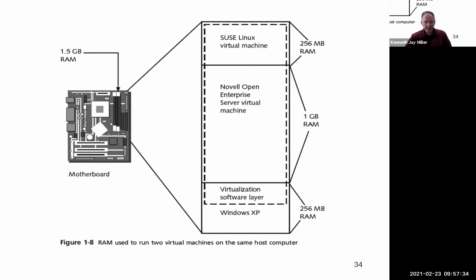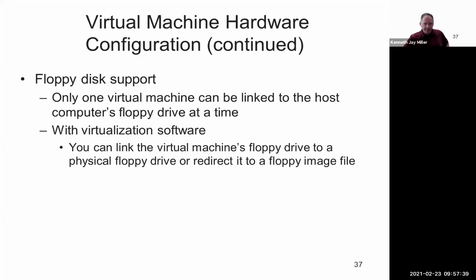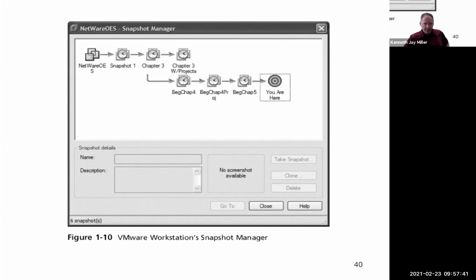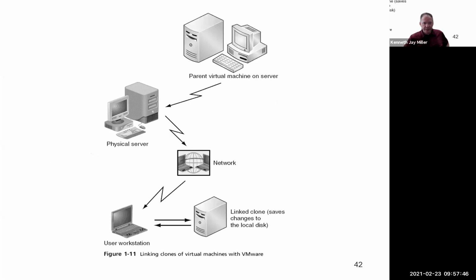All right. So I'm going to get to the end of this section on the VM stuff, and here's some information on parenting and cloning. One of the things that we can do is take a user's workstation and virtualize it onto a virtual machine. So we can go physical to virtual, and then that user can access their workstation by accessing the virtual machine.